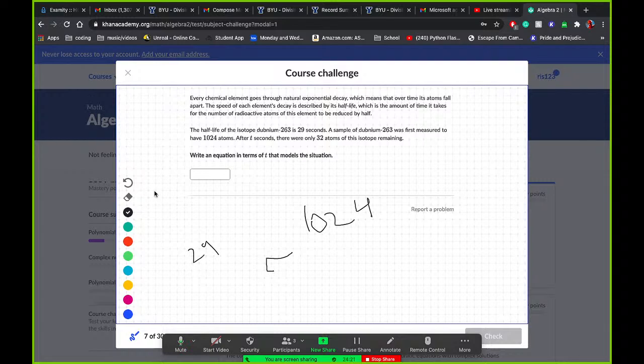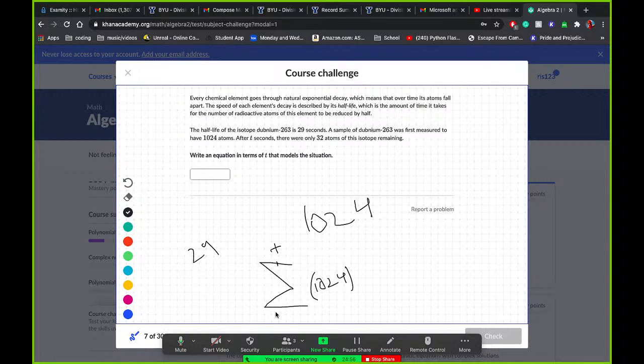So let me try to make one. The first thing would probably be 1024, and that would be to the power of... so we're trying to find t right here, and at first there were 1024.